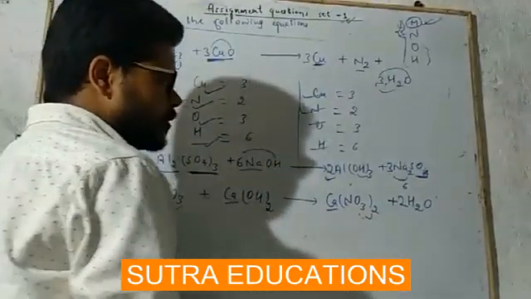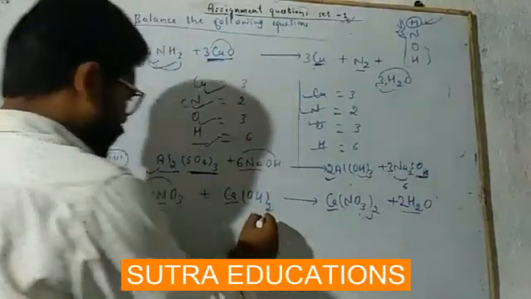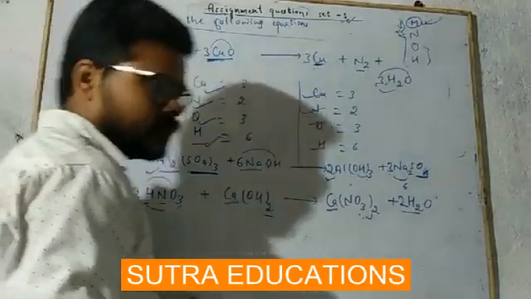Come to hydrogen. Hydrogen here is 2 into 2, 4. Hydrogen here is 2 plus 2, 4. So the equation is balanced.